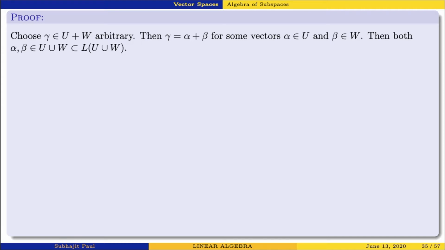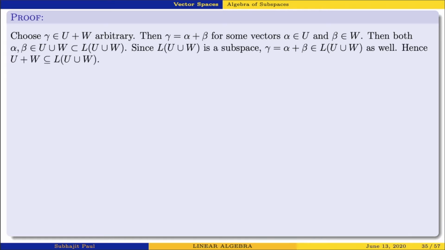So, since the linear span of U union W is a subspace, their sum, which is a linear combination, is also there in the linear span, and so the vector gamma is there in the linear span of U union W as well. So we had chosen gamma from U plus W arbitrarily, and we have shown that it belongs to the linear span of U union W. So therefore U plus W must be a subset of the linear span of U union W.